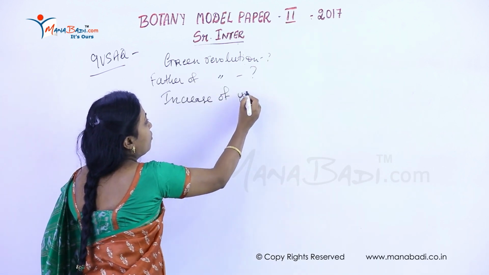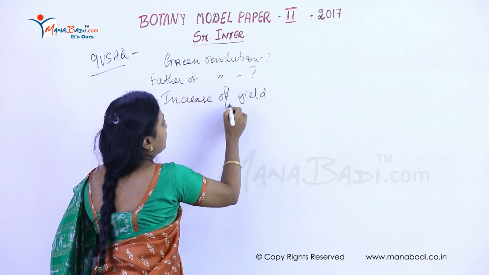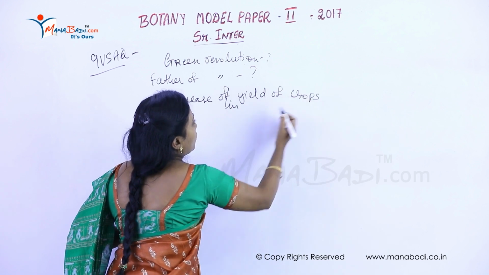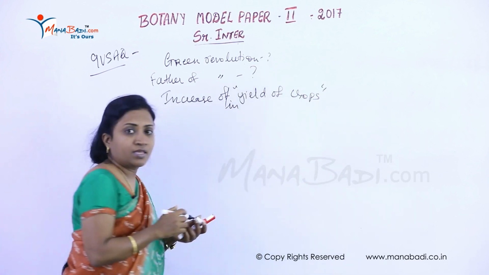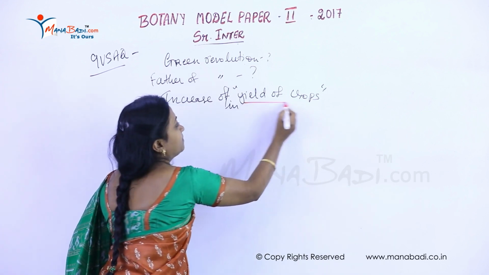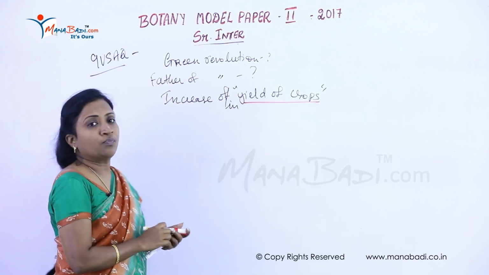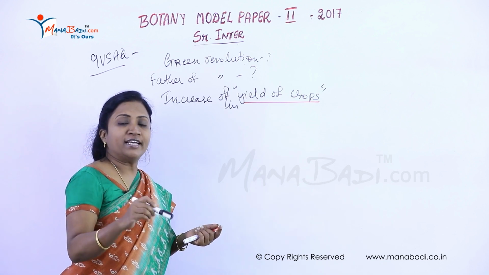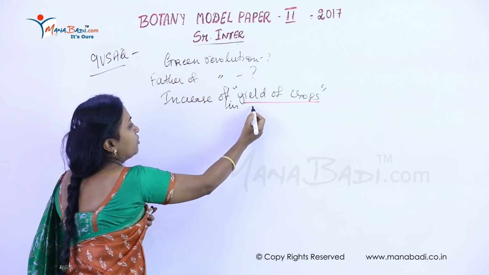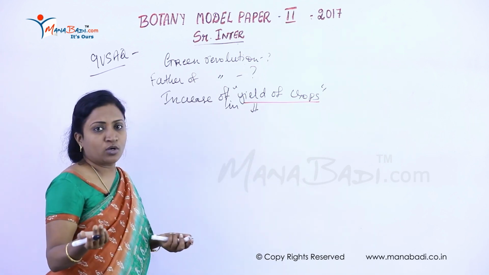an increase in the yield of crops. In order to increase the yield of the crops, what is done?